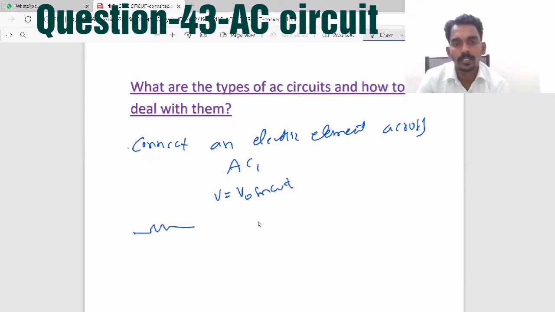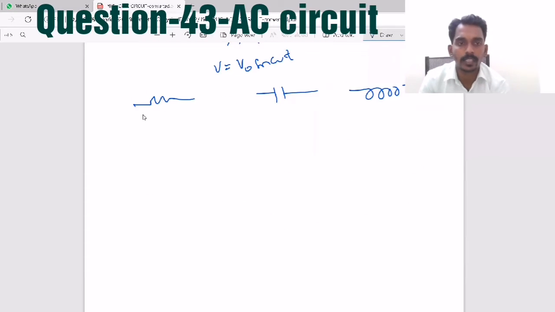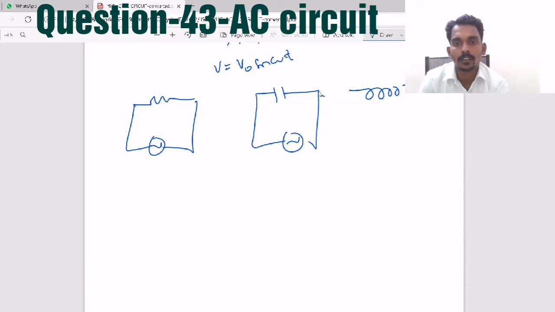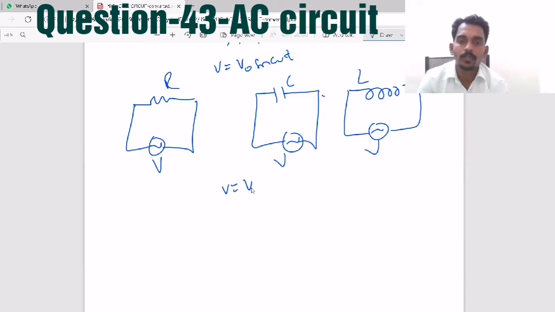Like one resistor or one capacitor or one coil. You can connect across anything. The AC source symbol we generally represent like this. An AC source. This is R, this is C, this is L, where V equal to V naught sin omega t.